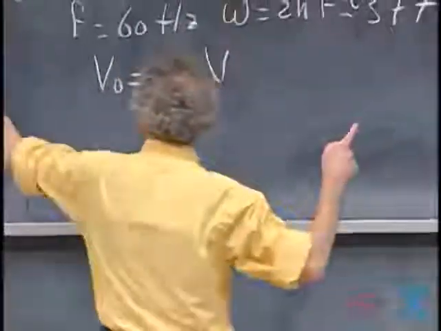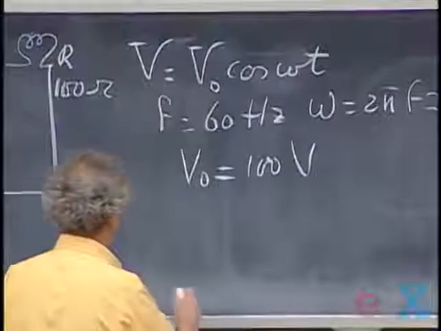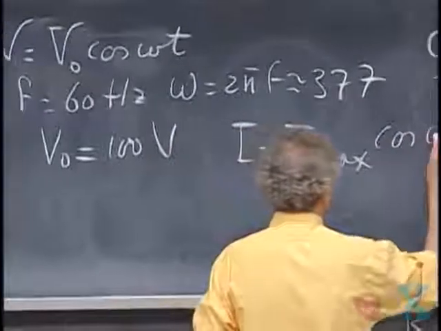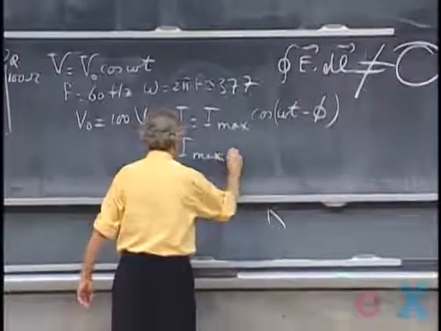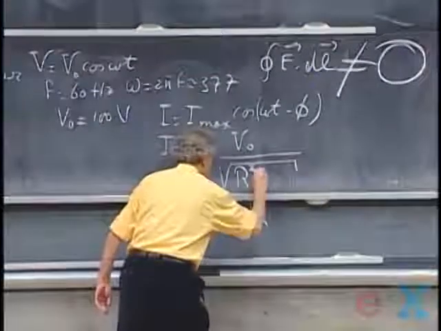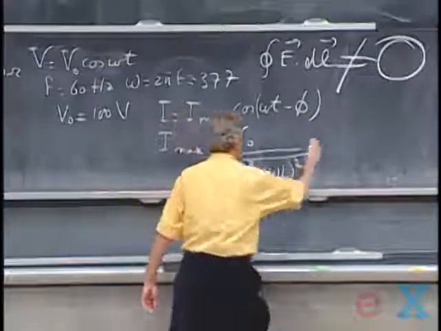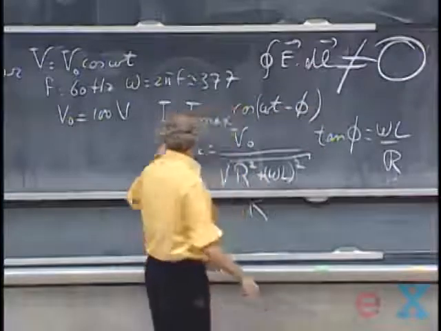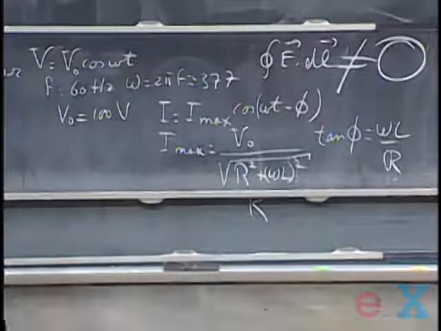The answer then is that the current that is going to flow as a result of this variable voltage, that current I is a maximum value times the cosine of omega t minus phi, that the maximum current itself is V0 divided by the square root of R squared plus omega L squared, and that the tangent of phi is omega L divided by R. I spent quite some time on this during one of my lectures.